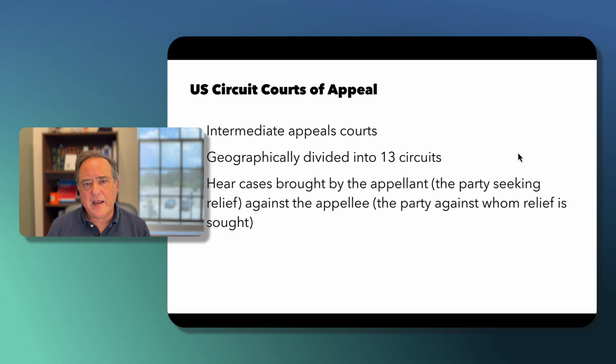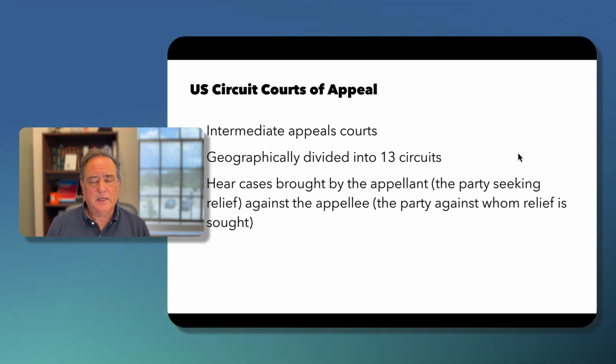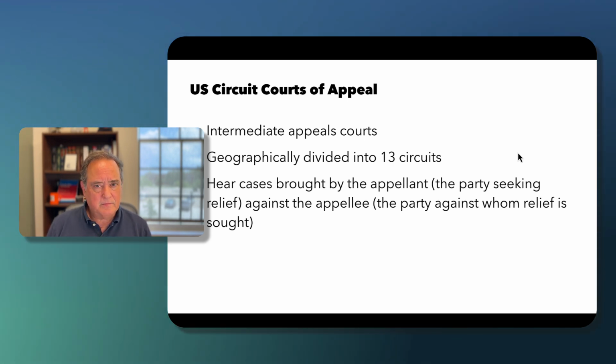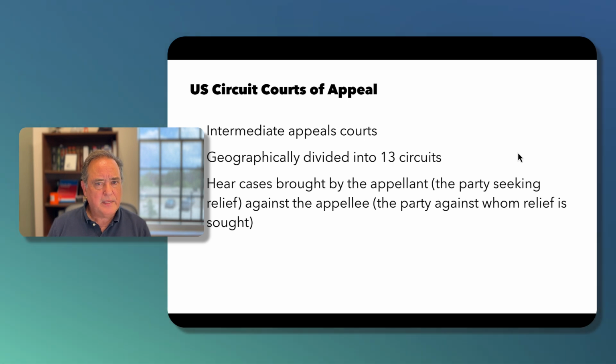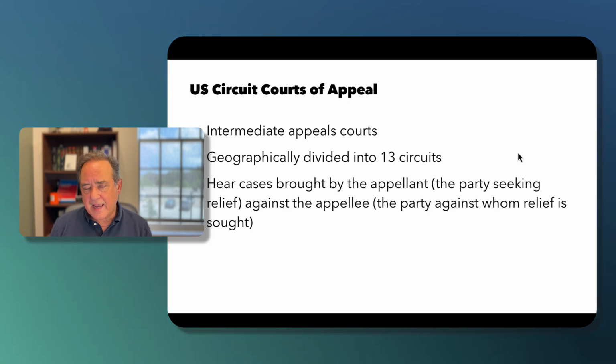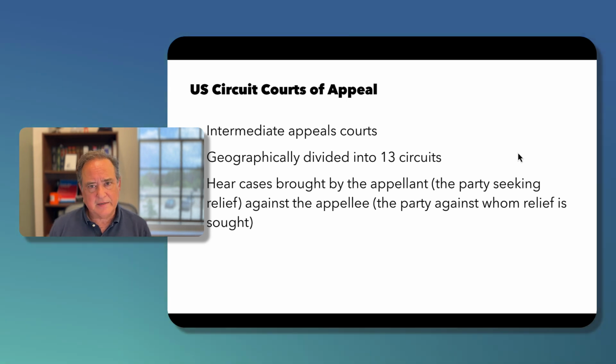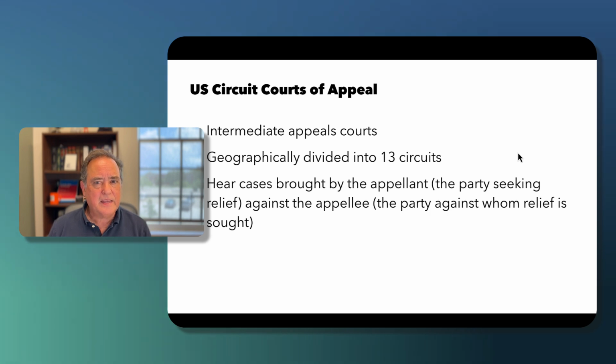So when you see a case name involving a circuit court opinion, invariably the first name is the appellant and the second name is the appellee. Now, the appellant may have been the plaintiff in the trial court, it may have been the defendant, but in this case it is the appellant because they are the party seeking relief.